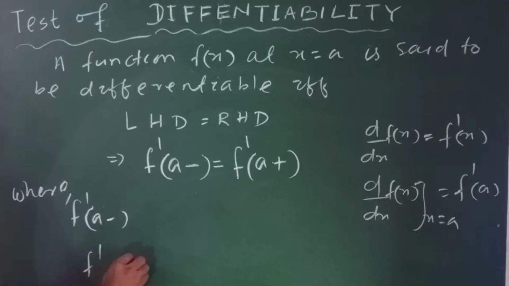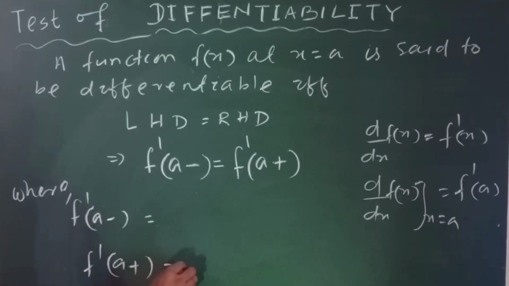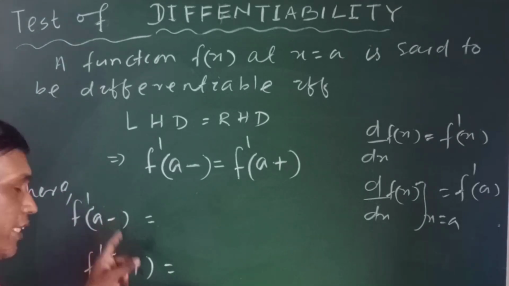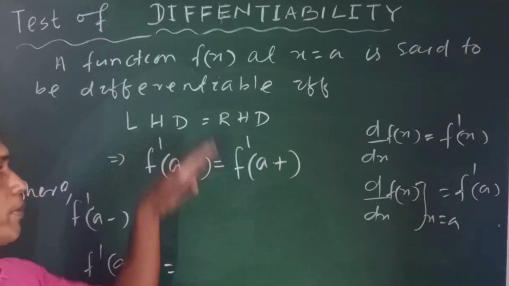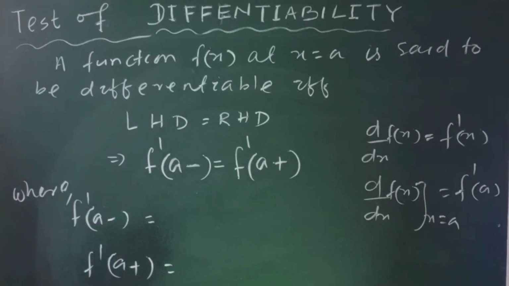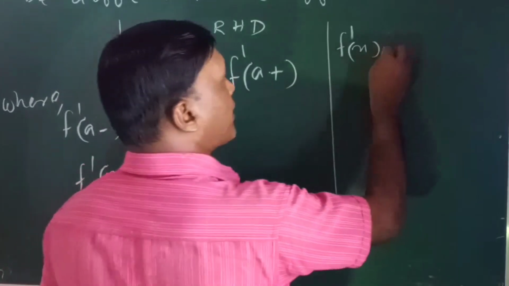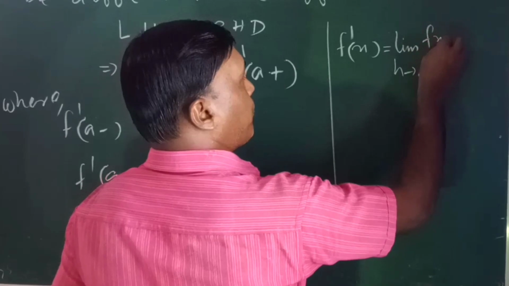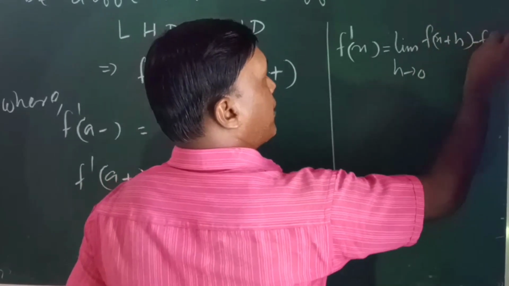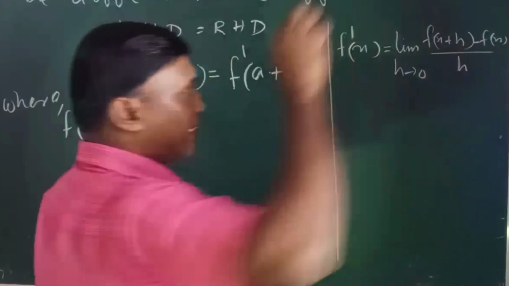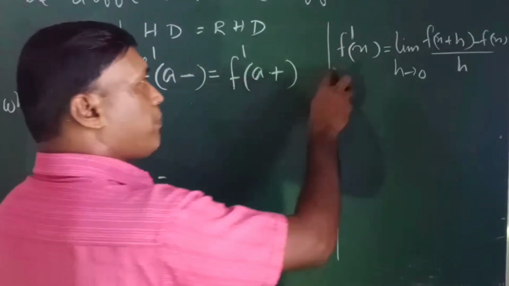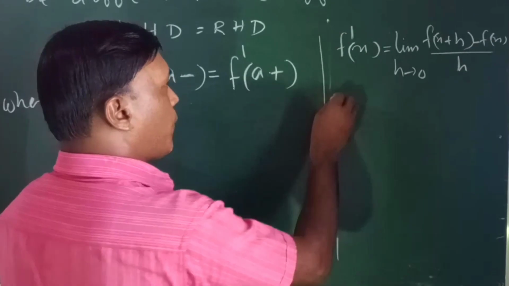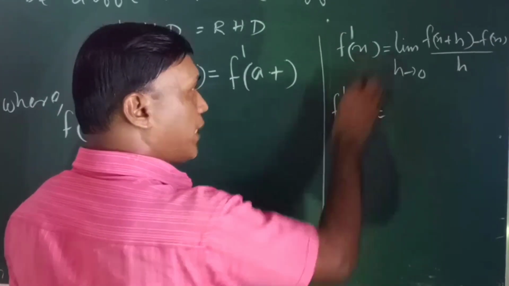Now what is f dash a minus, and what is f dash a plus? If we remember the values of these two, then differentiability testing becomes very easy. F dash x is the limit h tends to 0 of f of x plus h minus f of x by h. This is f dash x. So if this is f dash x, then what is f dash a? Put x is equal to a.